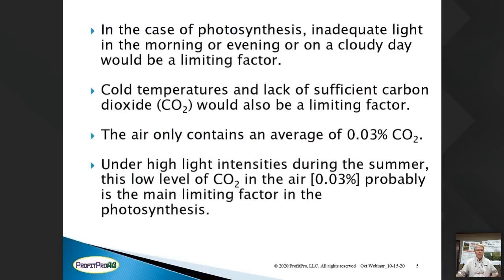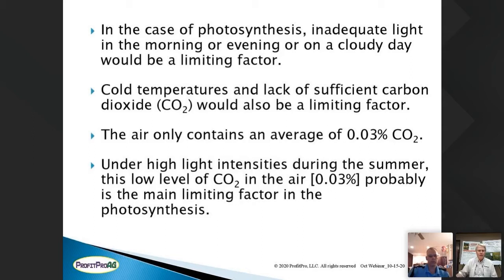In the case of photosynthesis, inadequate light in the morning or evening or on a cloudy day can be a limiting factor. Cold temperatures and lack of sufficient carbon dioxide would also be a limiting factor. The fact is that the air contains only 0.03% CO2, carbon dioxide, whereas the atmosphere is made up of 78% nitrogen.